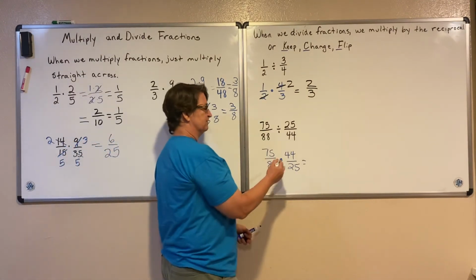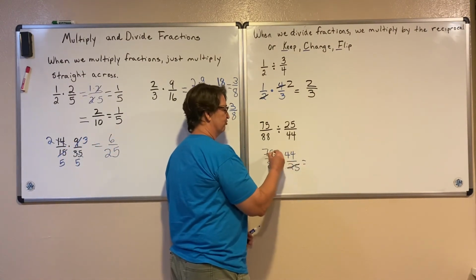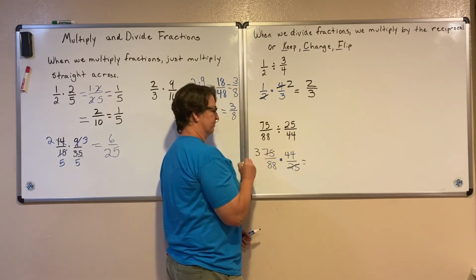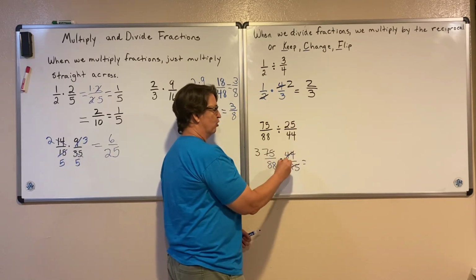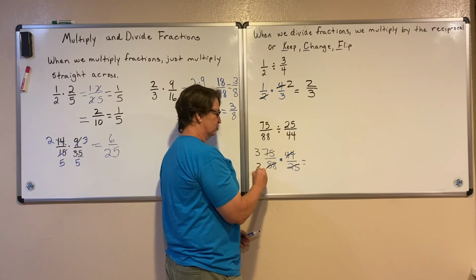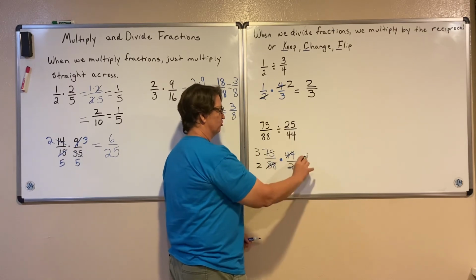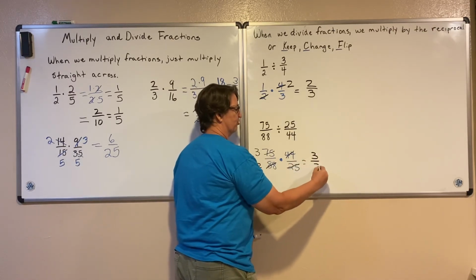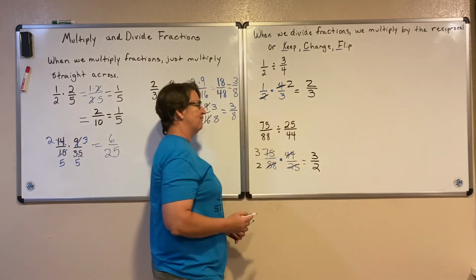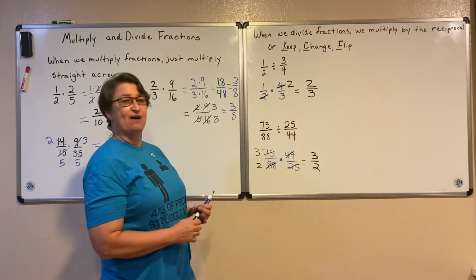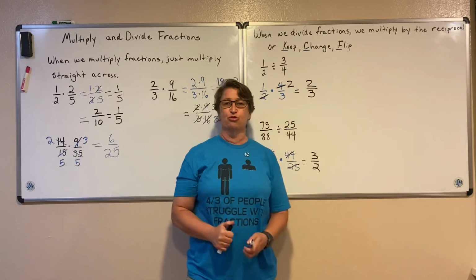So for instance, 25 goes into 75 3 times, and 44 goes into 88 2 times. So when I multiply straight across, I end up with 3/2. So 75/88 divided by 25/44 is equal to 3/2.